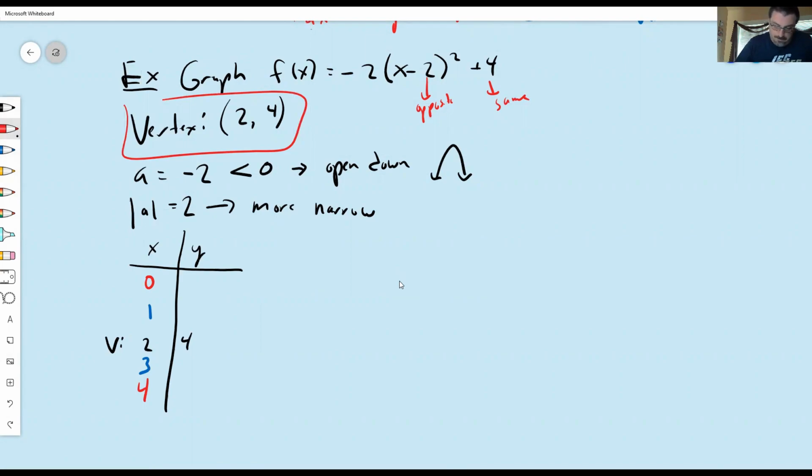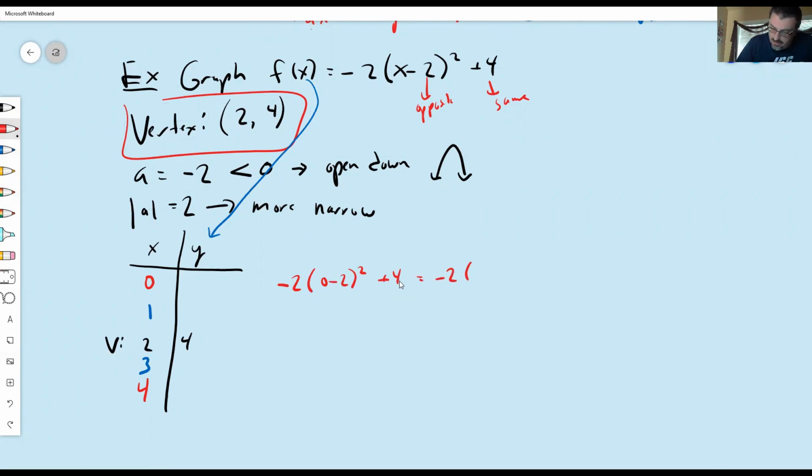All right, so again, the y value is based off of f of x. We're just going to plug it into this. So we have minus 2 times (0 minus 2) squared plus 4.